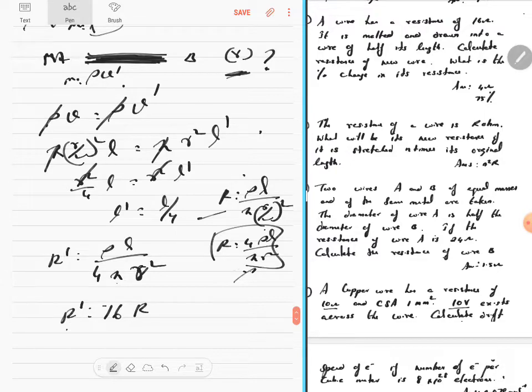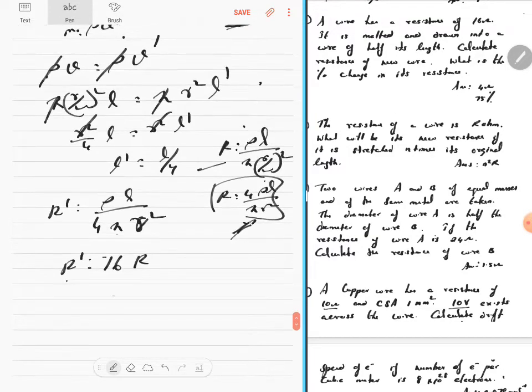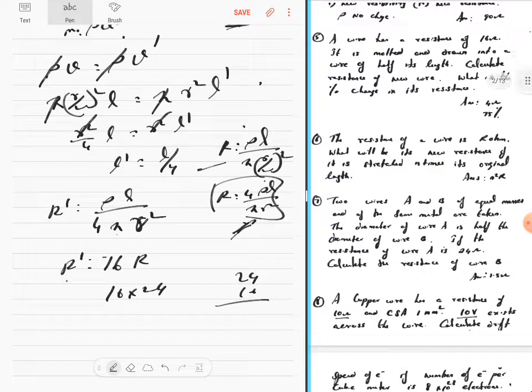That's when you get this, correct? And what is the original resistance given to be? 24. So which means 16 into 24. What is the answer that I have given here? It's 1.5 ohms, correct? It's not working out. I am not getting anywhere near it, correct?